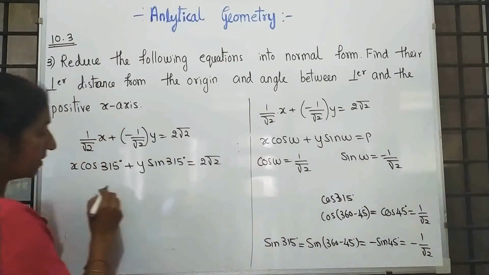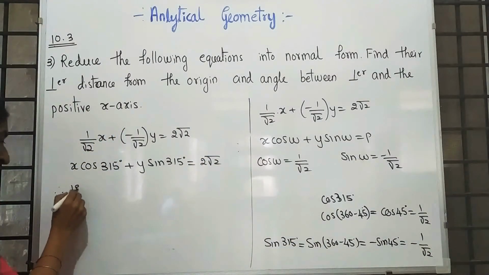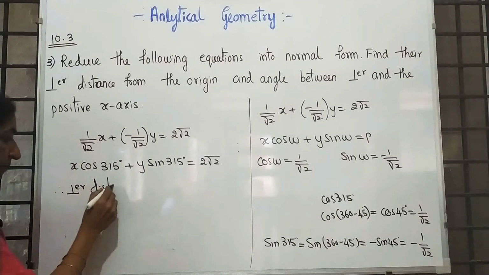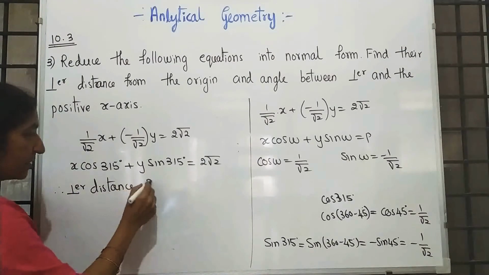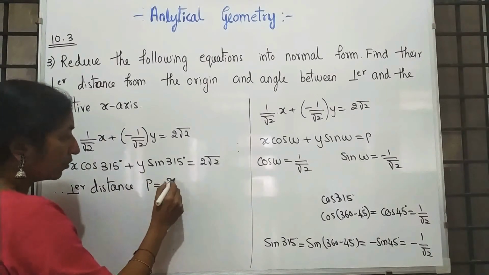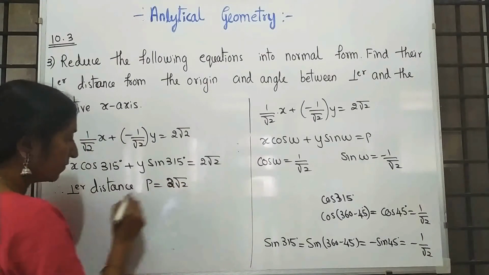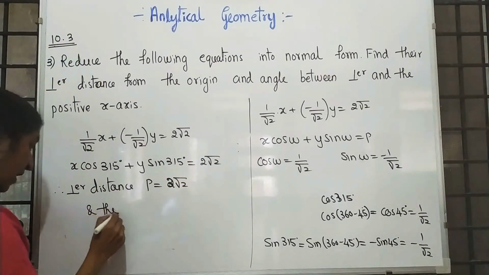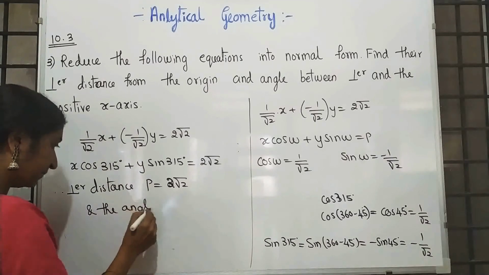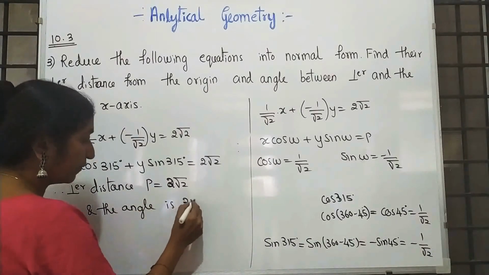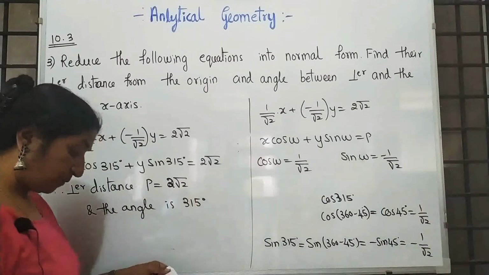I explained here. Therefore, perpendicular distance p is 2 root 2 and the angle is 315 degree. See, is it simple or what?